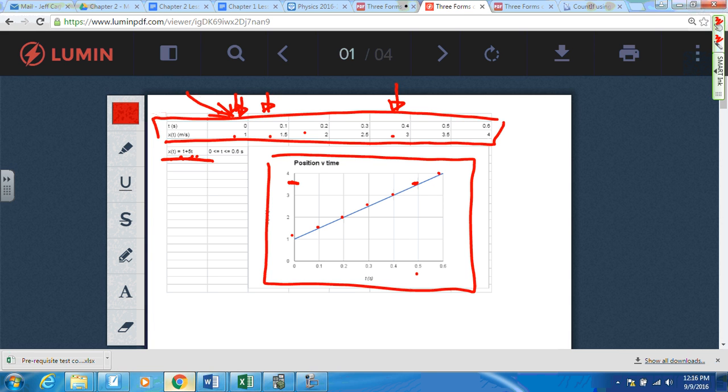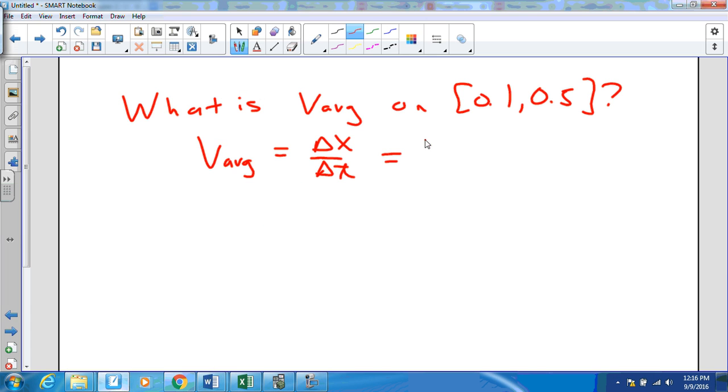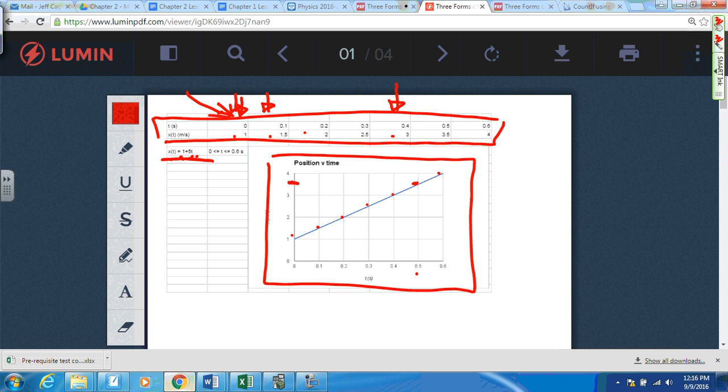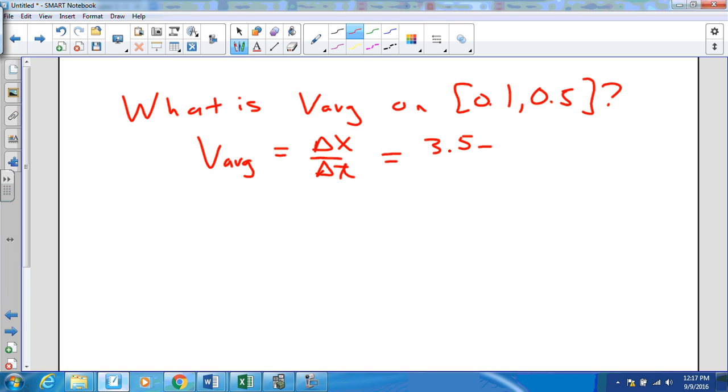So you might get 3.4, 3.6 if you read it off the graph, right? I'll call it 3.5. Minus, going back to the graph, at 0.1, looks like my position is 1.5. Over 0.5 minus 0.1. This is in meters, this is in seconds.